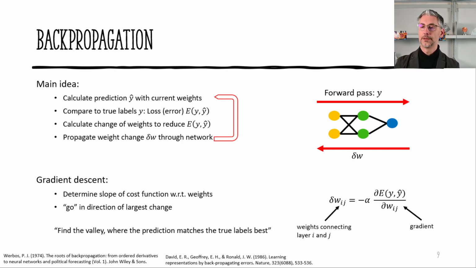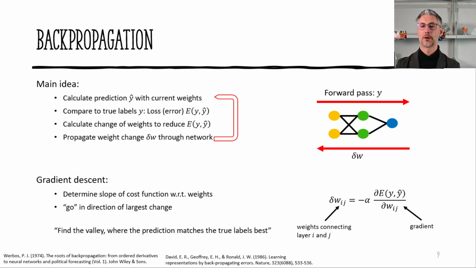One of the very commonly used approaches is called backpropagation. And the main idea is the following. We take the current setup, calculate a prediction with the current weights. Then we compare those predictions with the true labels in our supervised learning approach. This is where we use the loss function.